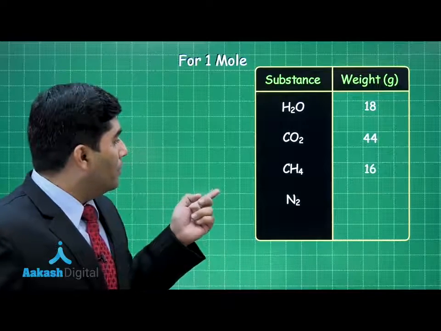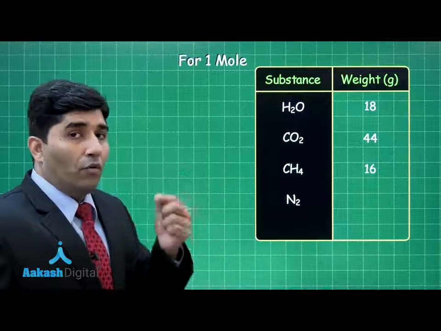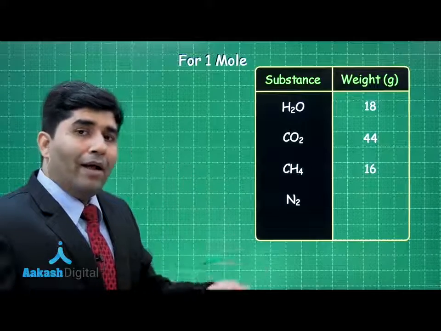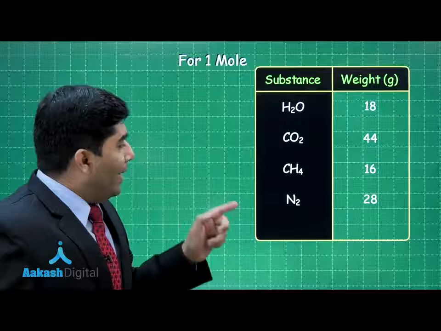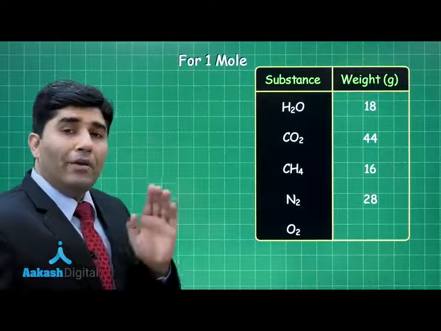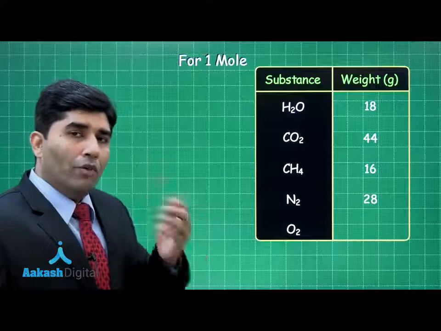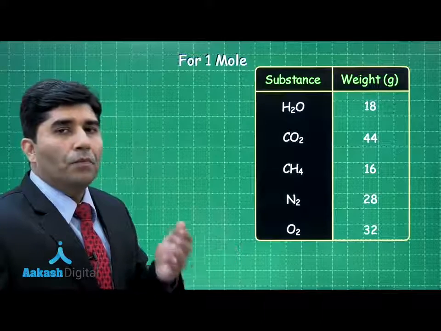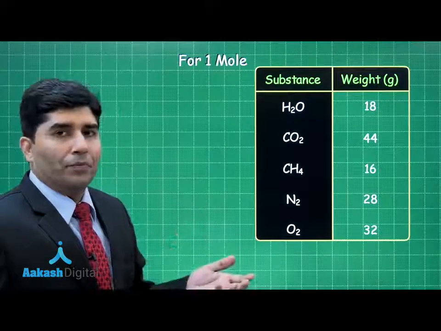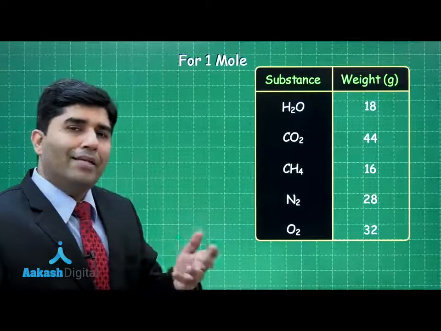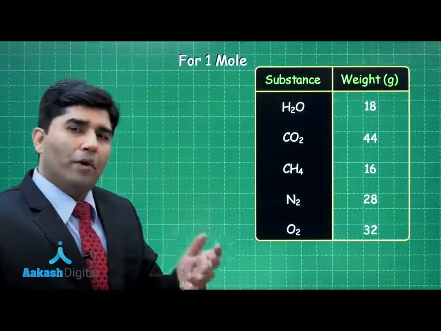If we have 1 mole of nitrogen, it will be 28 gram. And if we have oxygen, that is 1 mole, the weight will be equal to 32 grams. So guys, let's see how to find out the number of moles.